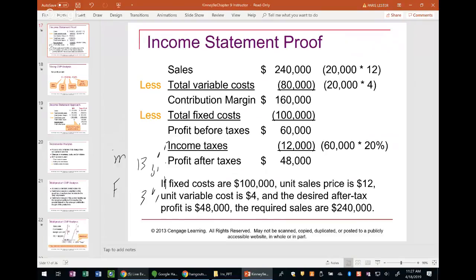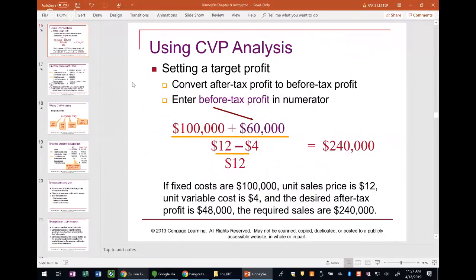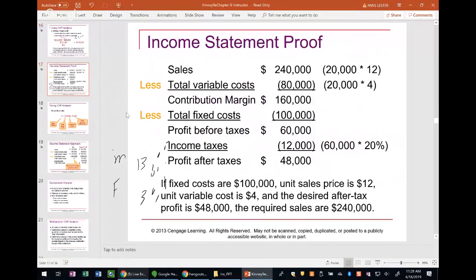Okay. Here's the income statement proof on some other scenario. Here we want to make $60,000 profit. Now, Monique, divide 160,000 by 8. 20,000 even. Now multiply 20,000 times 12, and then 20,000 times 4.